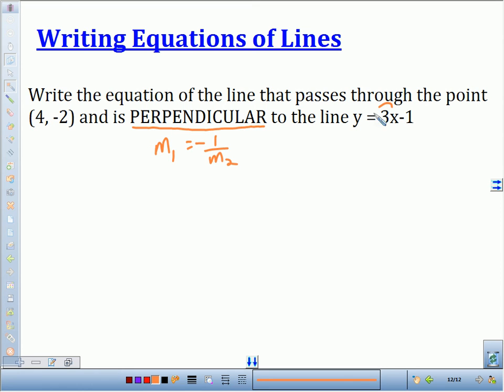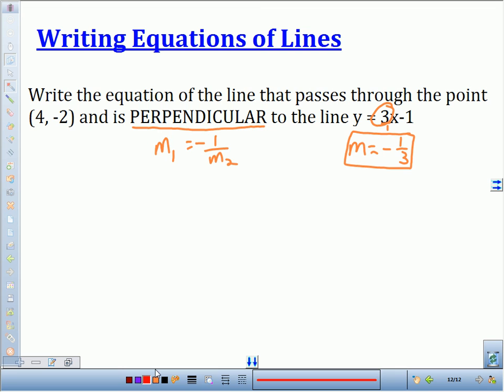What that means for us is that we still have the slope of 3. We want to find the opposite reciprocal, so we flip 3 over 1 and we get 1/3. We change positive 1/3 to negative 1/3, and that is the slope of our line.